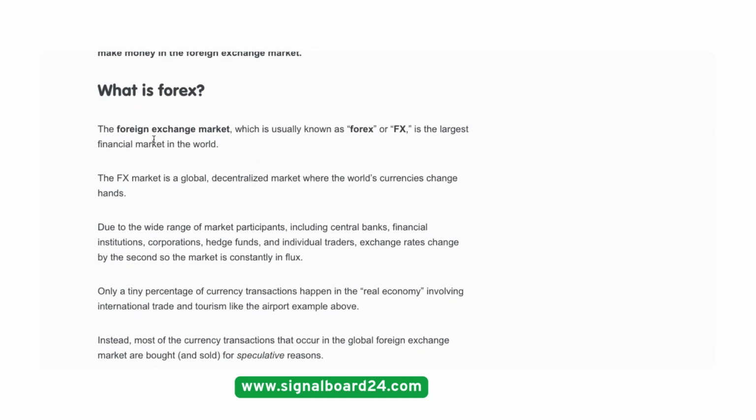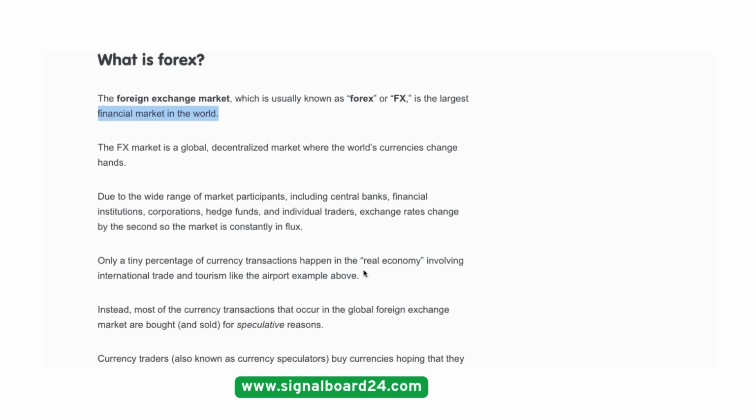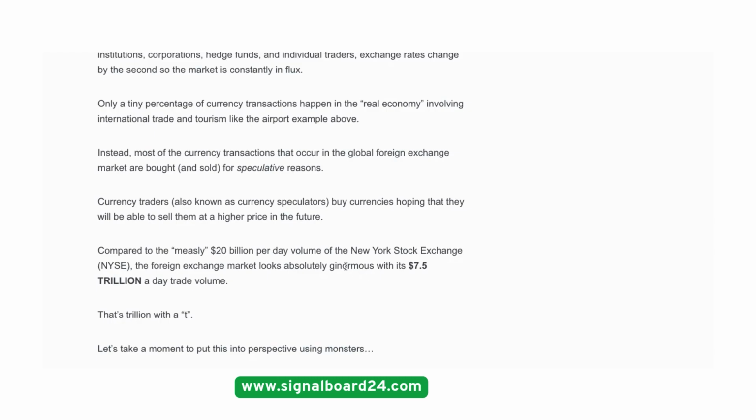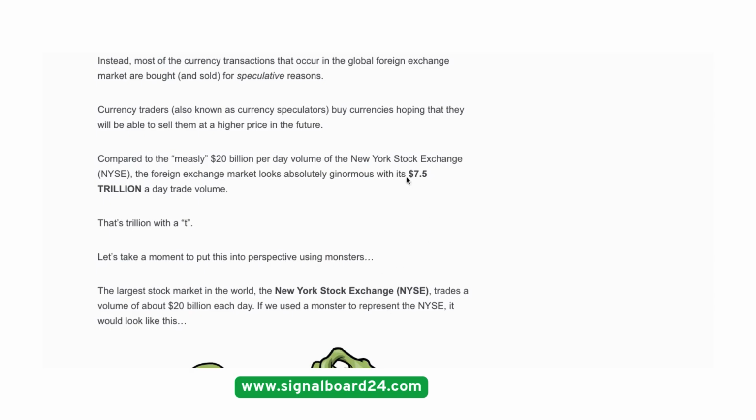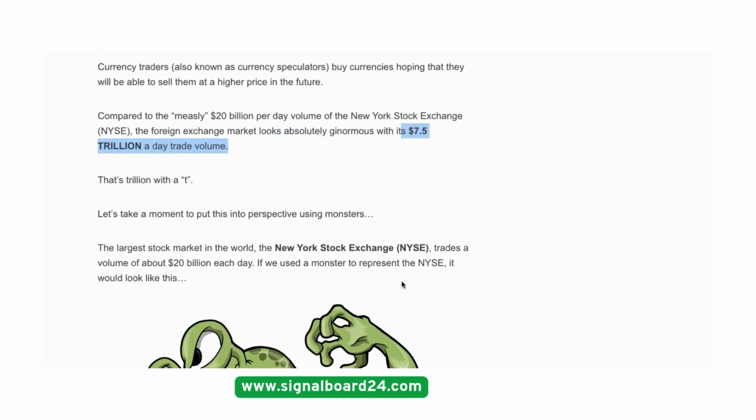The foreign exchange market, usually called Forex or FX, is the largest financial market in the world. Every day there is about 3 to 5 trillion US dollars being exchanged. At the moment we are playing around 7 trillion US dollars every single day.